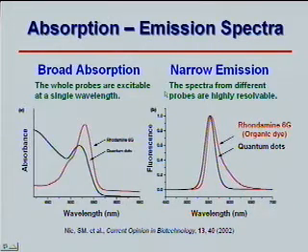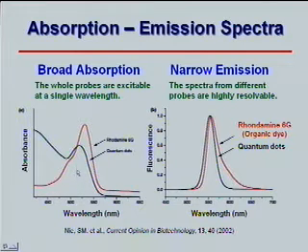This slide shows absorption and emission characteristics, and the left hand of the picture shows absorption spectra. This red line represents a conventional organic dye, and this black line represents a quantum dot.